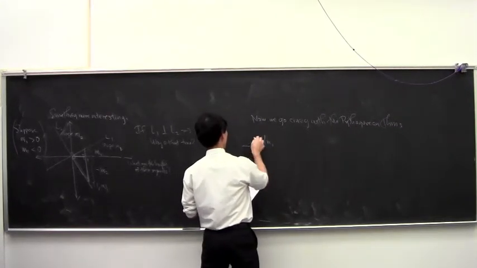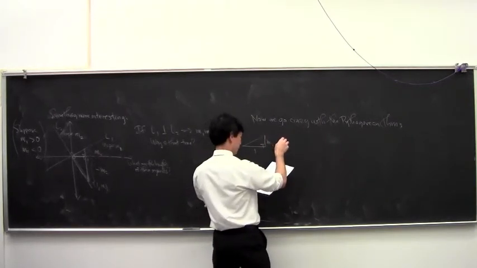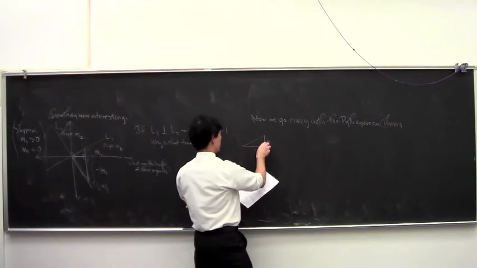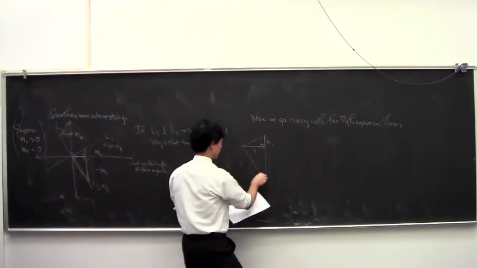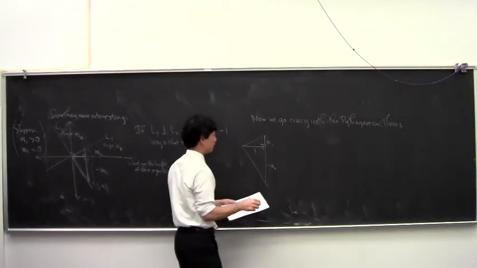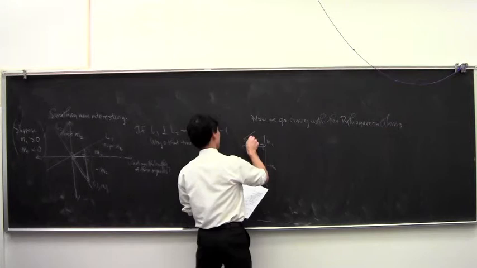We know that this is negative m2. So this length is going to be the square root of 1 squared plus m1 squared.